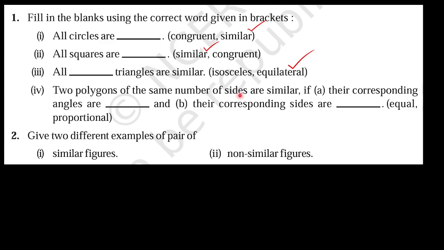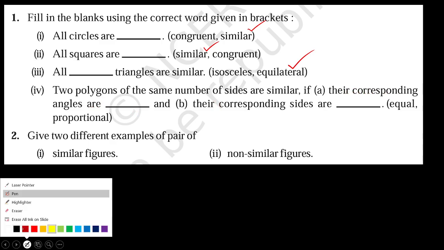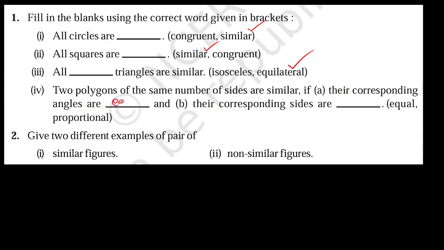Okay, coming back to this question. Two polygons of the same number of sides are similar if their corresponding angles are equal. I have already discussed that. Do you remember that? Lina, Samruddhi, Nishit, do you remember that?